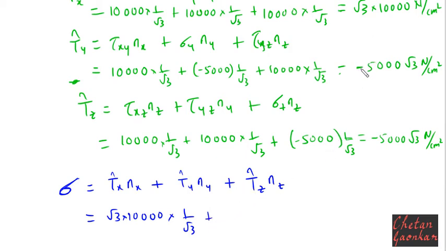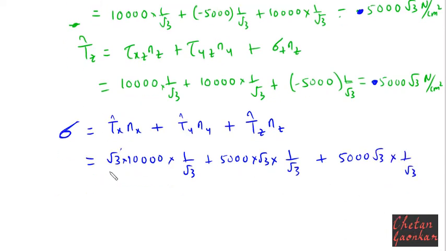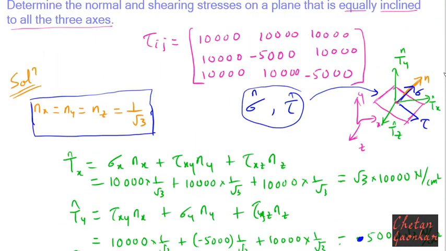I'm sorry, this shouldn't be minus, even this will be plus. These values will be plus, so this will be plus 5,000 times root 3 multiplied by ny, which is again 1 by root 3. And then similarly, how much will be Tz? Tz will be also 5,000 times root 3 multiplied by 1 by root 3. So everywhere this root 3 can be cancelled very well. And then finally I will get this sigma as 20,000, and units will be again the same, Newton per centimeter square. So we have been able to find what is normal stress on this plane.